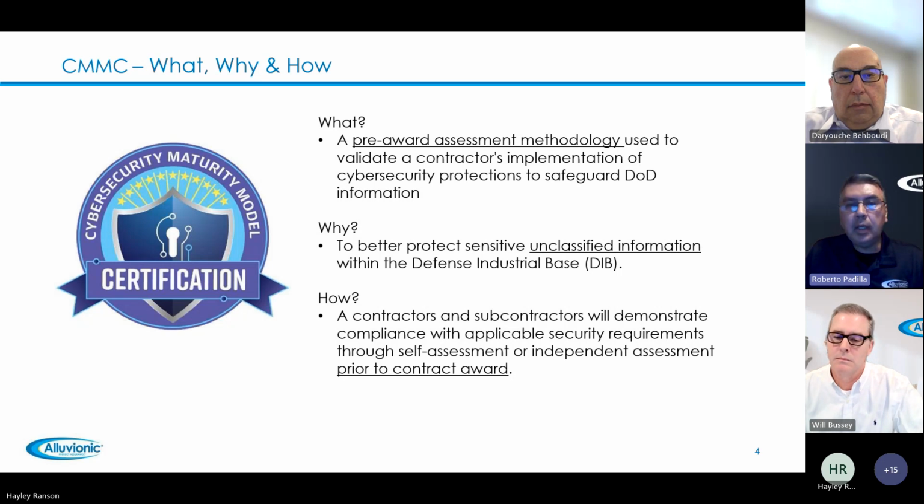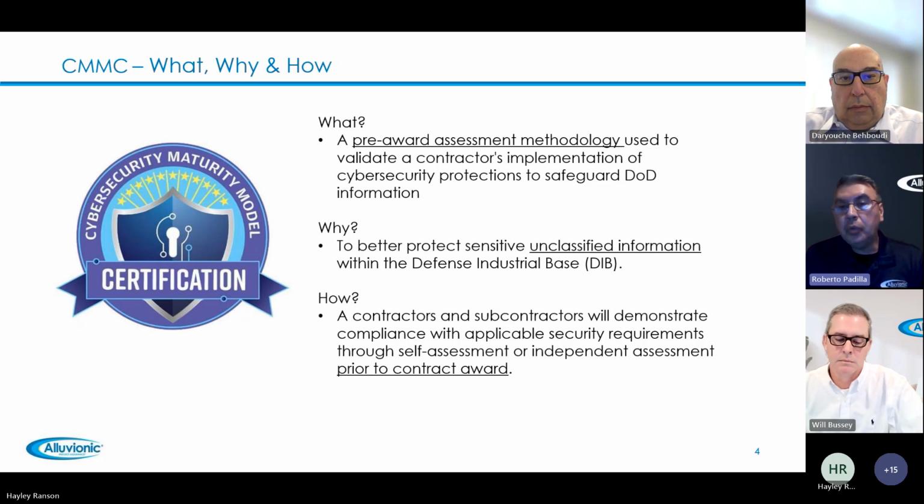So how does the CMMC work? All defense contractors and their subcontractors must demonstrate compliance with the applicable NIST 800-171 security requirements before a future contract award.